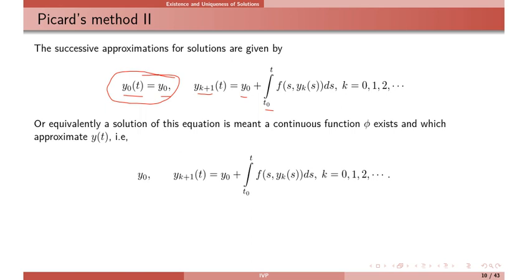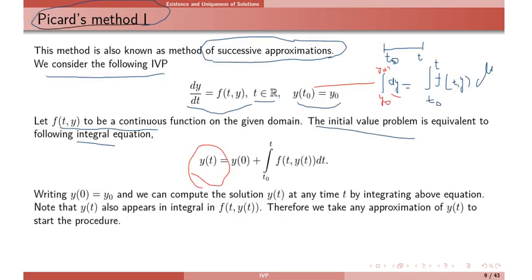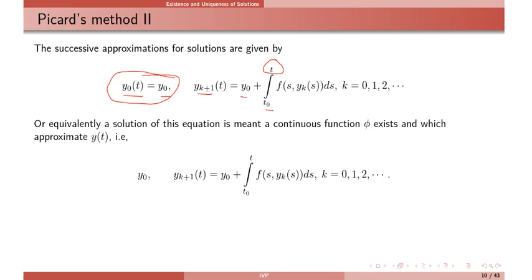Since t is in the limit here, replace t inside with the dummy variable s: f(s, y(s)). On the left hand side put k plus 1, and on the right hand side put k, so y_k(s) ds, where k is 0, 1, 2, etc.